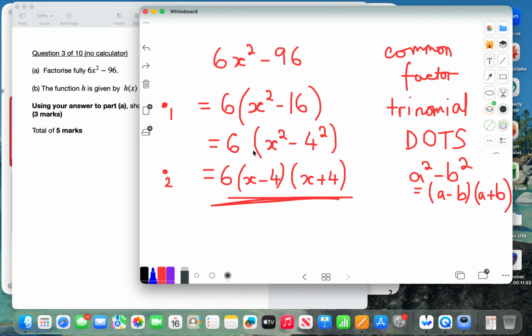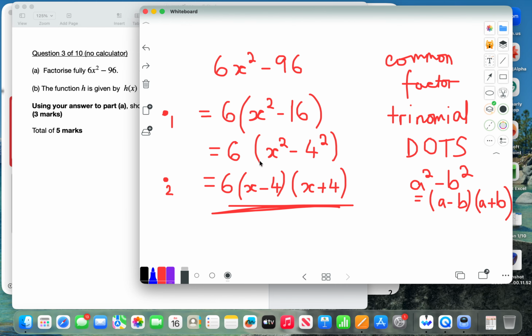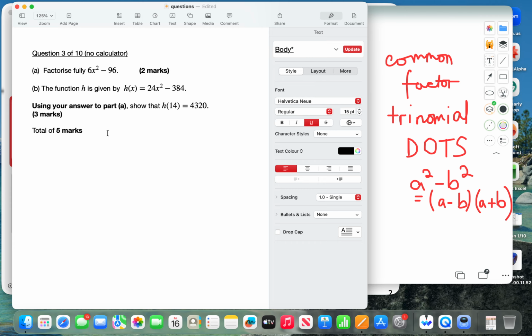Not too bad. The second part is difficult. The function h is given by h(x) equals 24x squared minus 384. And this is in bold, using your answer to part A. And you must use the answer to part A to do this.